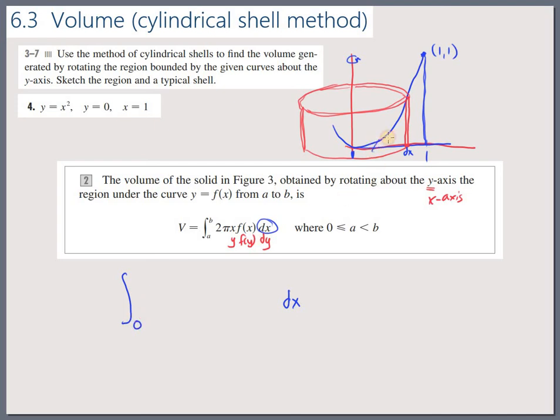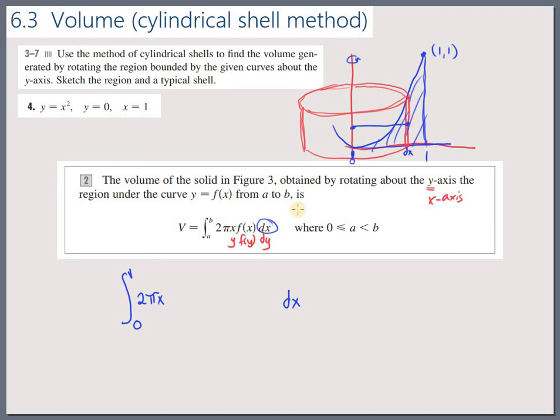Again, keep in mind that's the shape that we're rotating. I know the rotational solid goes out further, but the actual blue shape that we're rotating goes from 0 to 1. And then we need 2 pi x, and x is the radius of one of those shells, right?